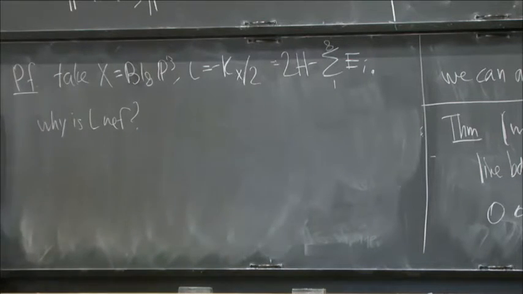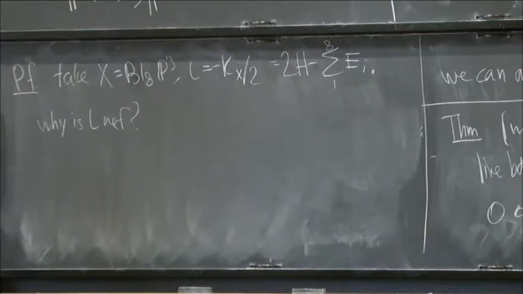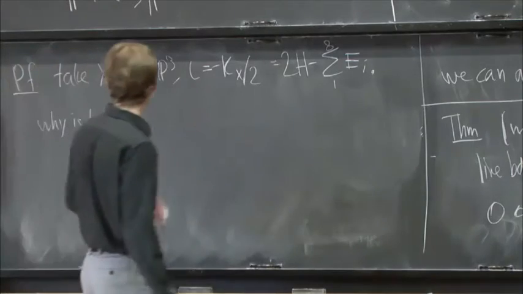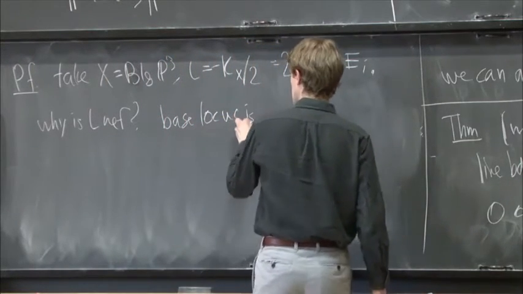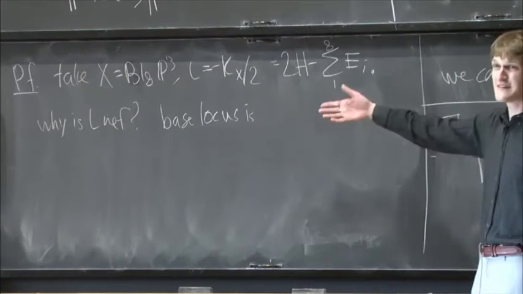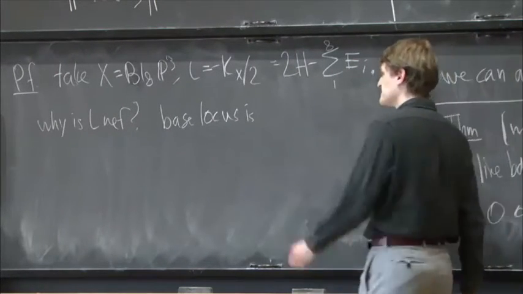If a divisor moves in a pencil, what curves could it possibly be negative on? It's the curves in the base locus, right? So the only thing we need to check to know that this divisor is nef is that it's non-negative on every curve in its base locus. Its base locus is a single curve. It's just the intersection of any 2 quadrics in the pencil, which is a degree 4 curve of genus 1.